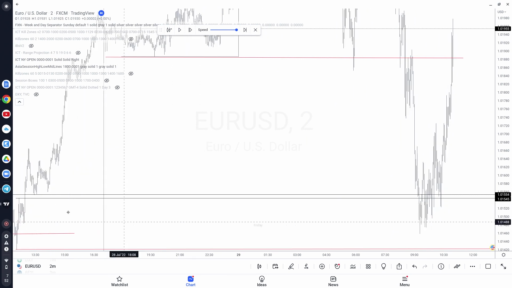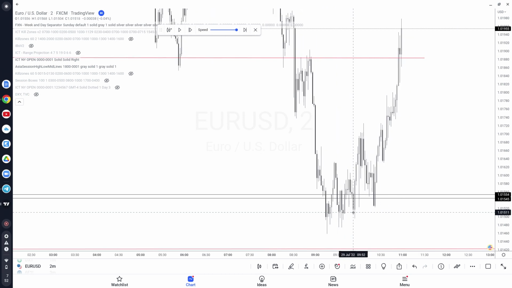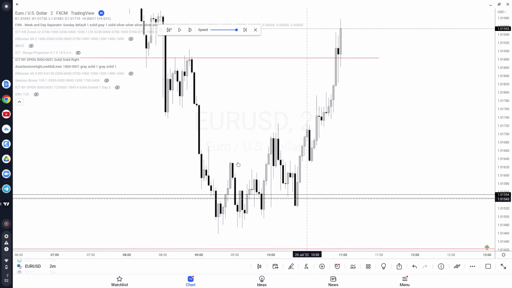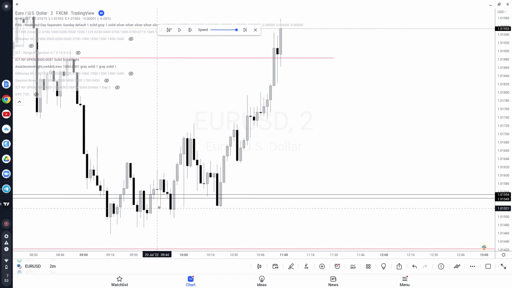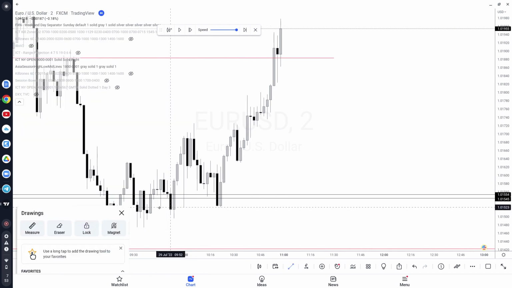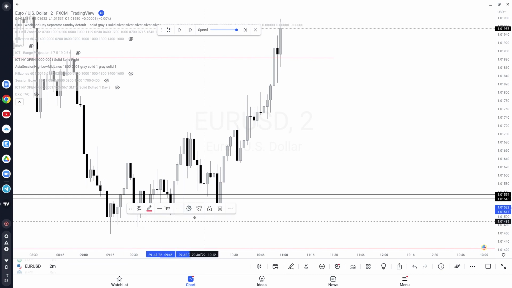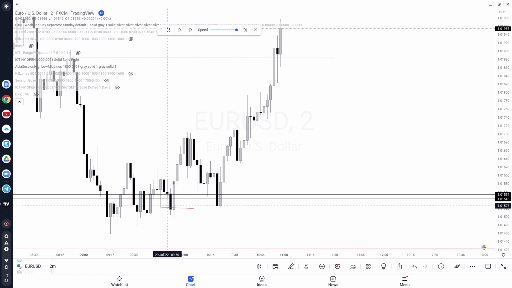So remember, once that happens, we expect a fair swing. Do we get a fair swing? Bingo. As soon as this is established, this is sell side liquidity under this low. Once that is ran, price pushes up.